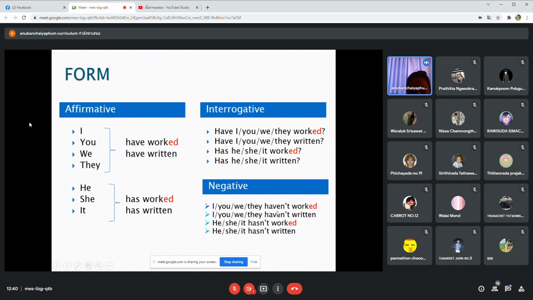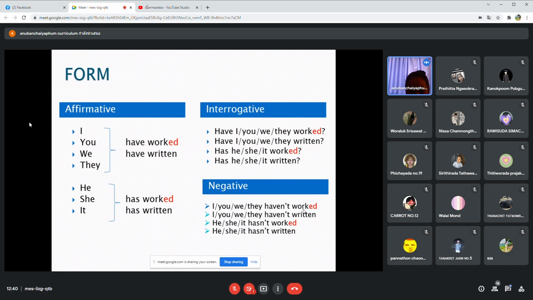Do you understand how to use negative? Yes. Now, I, your subject, haven't worked. So it's still the same. Your past participle is still the same location or position in the sentence.